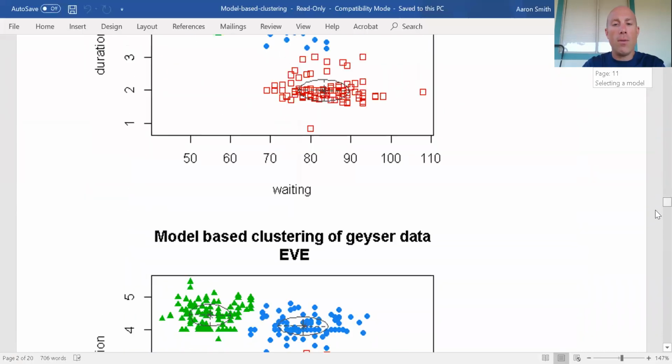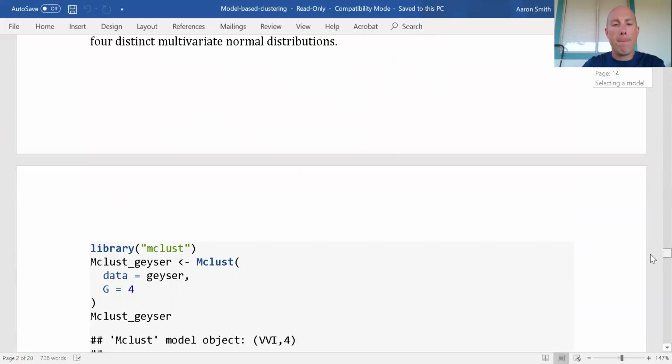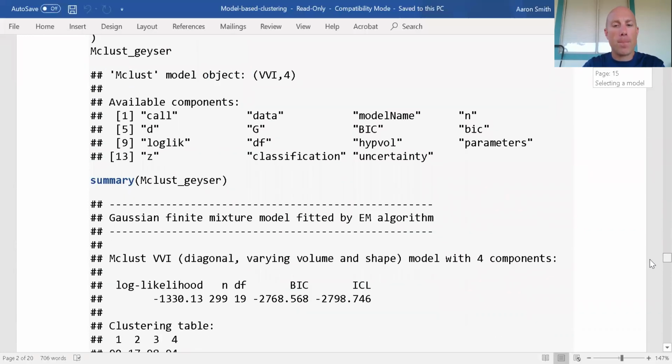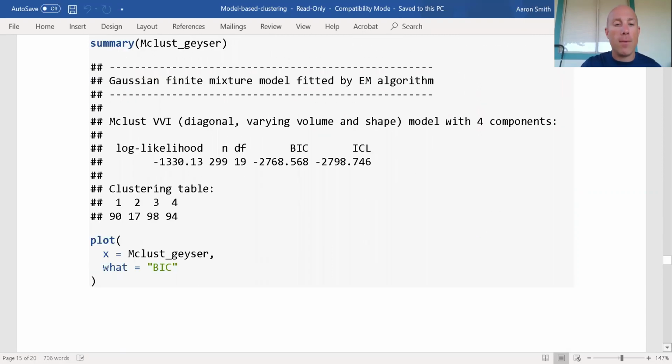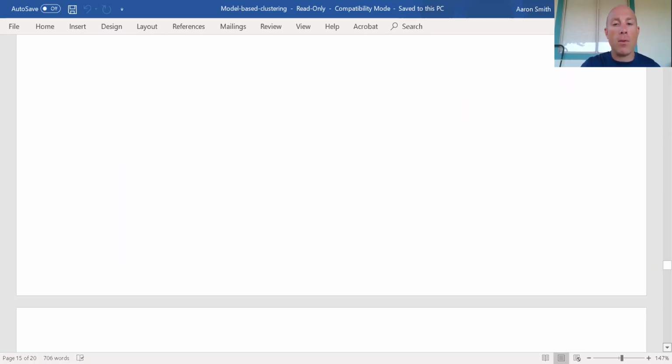Scrolling down. Pretty close, considering the magnitude of the values. So I feel like 4 is the correct model. I feel like this is a good one to go with: diagonal, varying volume and shape. Let's go ahead and plot it and see what it looks like.